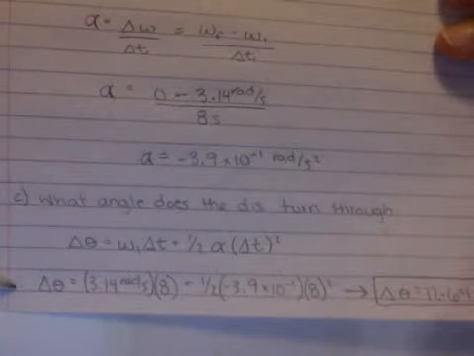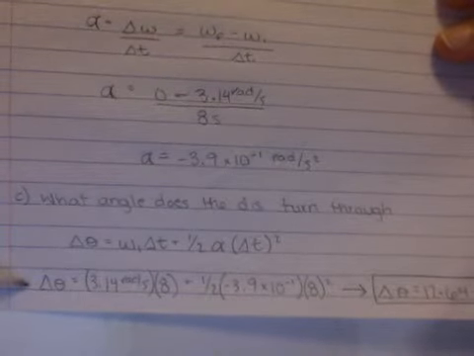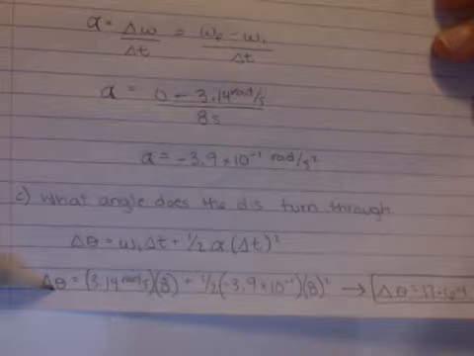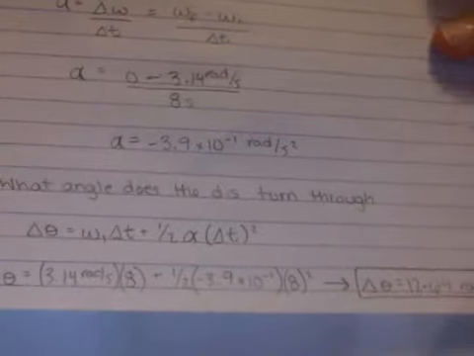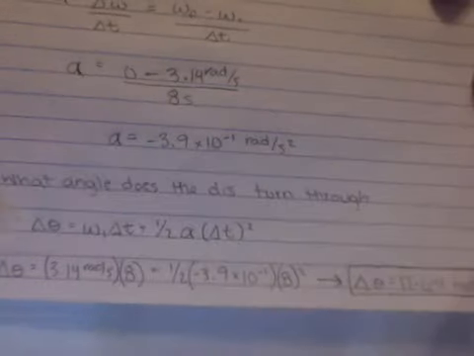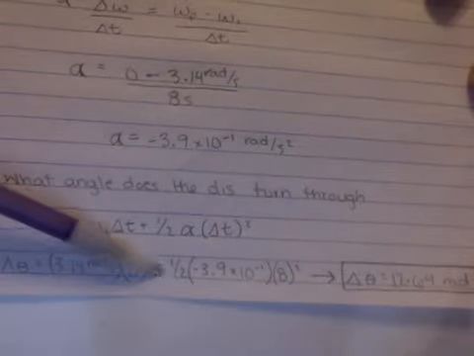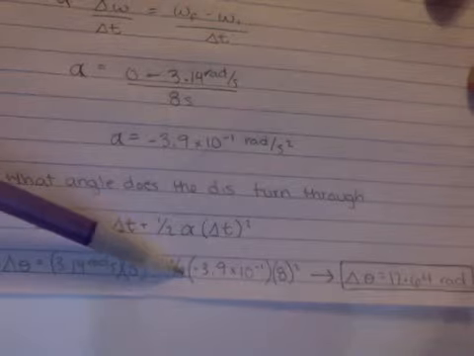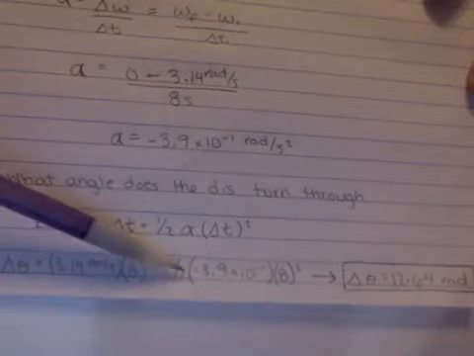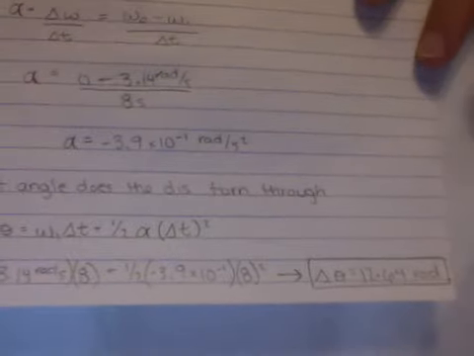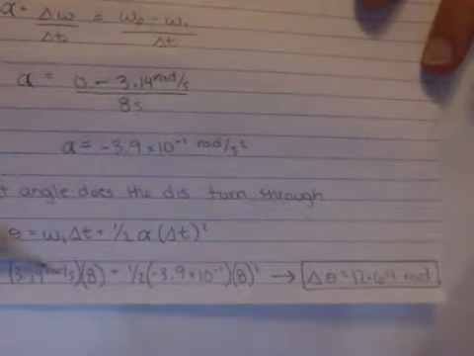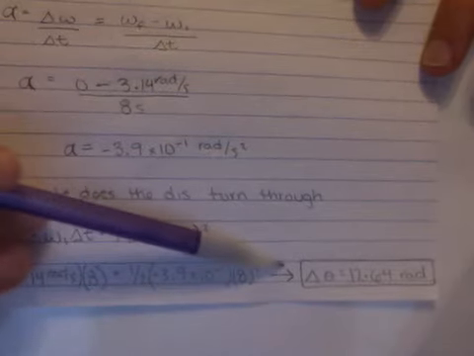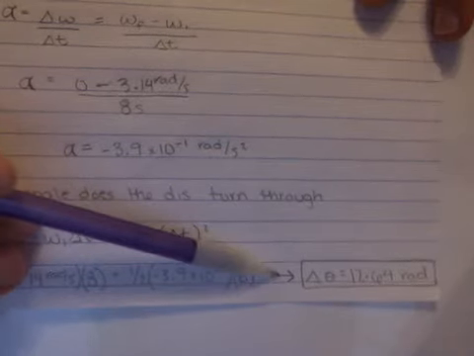All we simply do is plug in numbers, and so we have the angle equals 3.14 radians per second times 8 plus 1/2 times negative 3.98 times 10 to the negative 1 times 8 seconds squared. We get that the angle at which the disk turns is 12.64 radians.